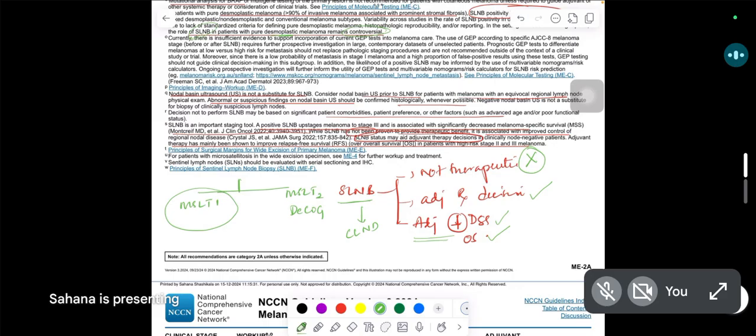MSLT-1 wanted to see if a less morbid procedure could identify occult nodal metastasis in clinically N0 patients. So they divided the patients into SLNB positive and SLNB negative. Those with SLNB positive went ahead with completion lymph node dissection.